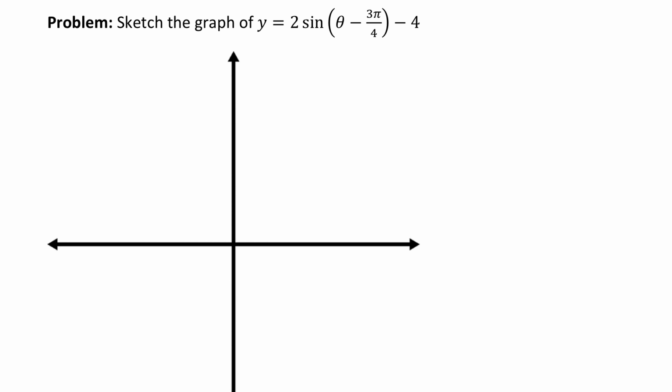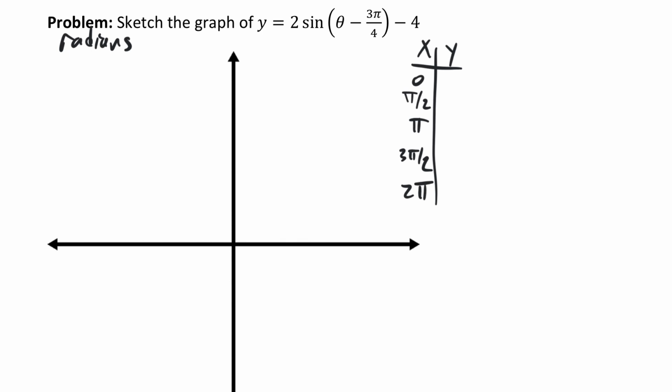But this time we have some vertical and some horizontal. And because this says 3 pi over 4, we're going to assume this is done in radians. So that means our base graph has to be in terms of radians. So we'd have here x and y, 0, pi by 2, pi, 3 pi by 2, 2 pi, 0, 1, 0, minus 1, 0.